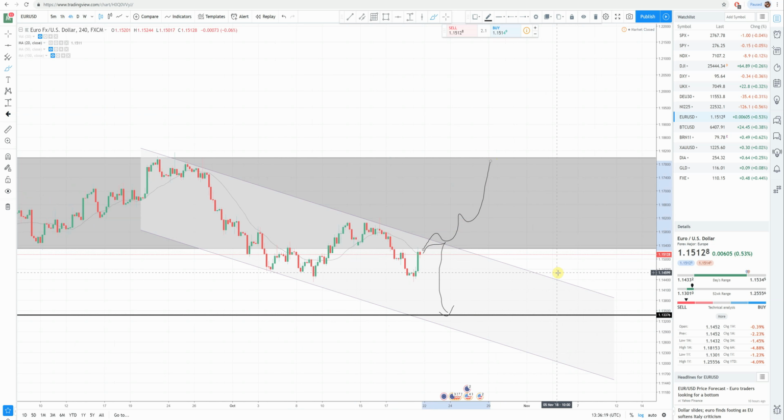Again, we are at a point where both possibilities can happen either way, and it's just up to us to wait and see what happens in the next few days. And as always with trading, you act on what you see. Alright, so that's it for euro US dollar.